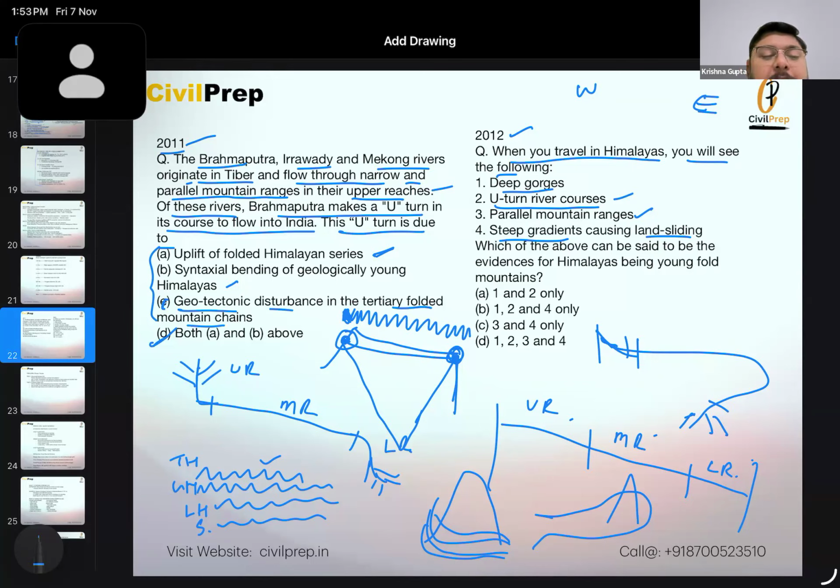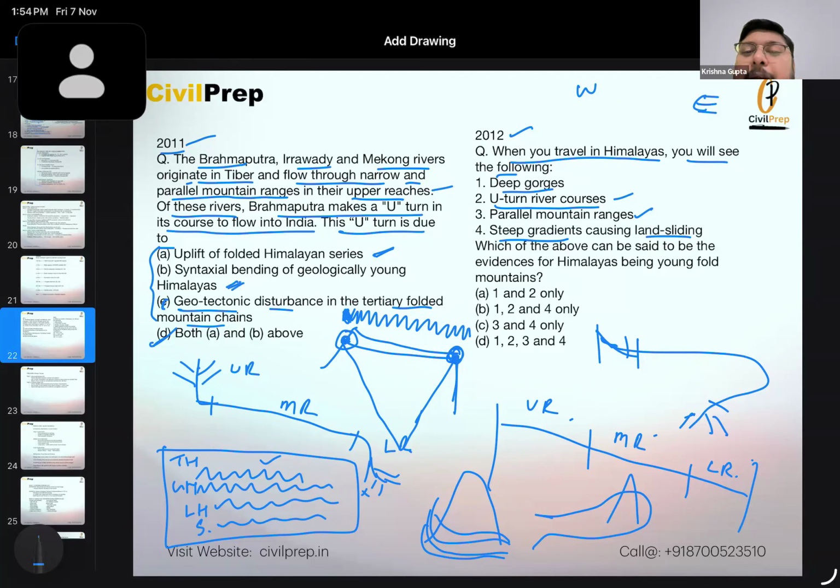For example, if a mountain chain is already formed, in this tertiary folded mountain, the Himalayas, and any geotectonic activity such as earthquake, volcanic activity, rifting or folding occurs, then it will result in geotectonic activity in this particular mountain chain. But we can see here that no further such thing has taken place. It was just the syntaxial bending of the mountain chains.